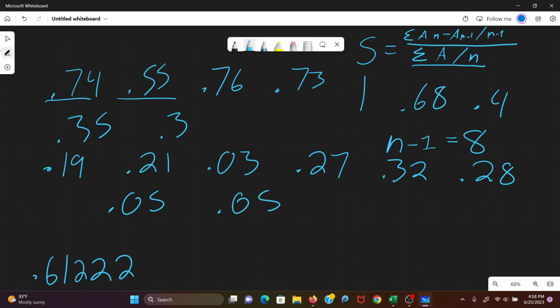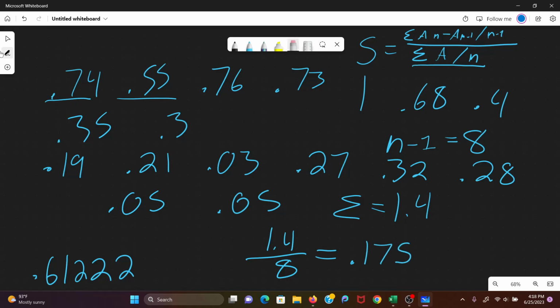Yep, that's right. Okay, so what you're going to want to do is add each of these together, which should give you 1.4. And then our next step is to take 1.4 divided by 8. How many there are, we're kind of finding the average here. And that should give you 0.175.